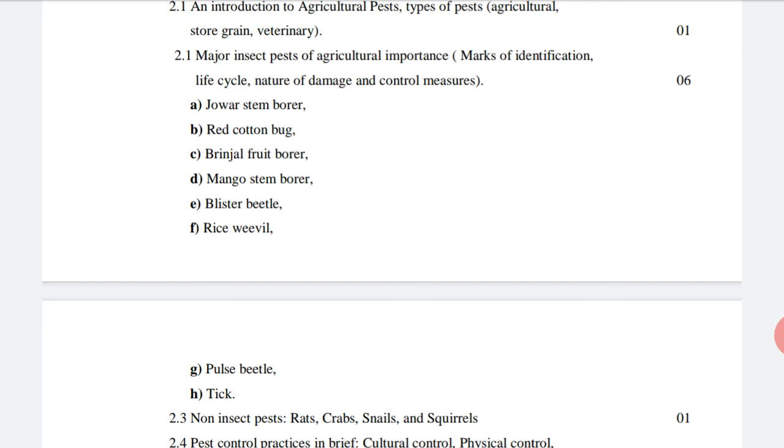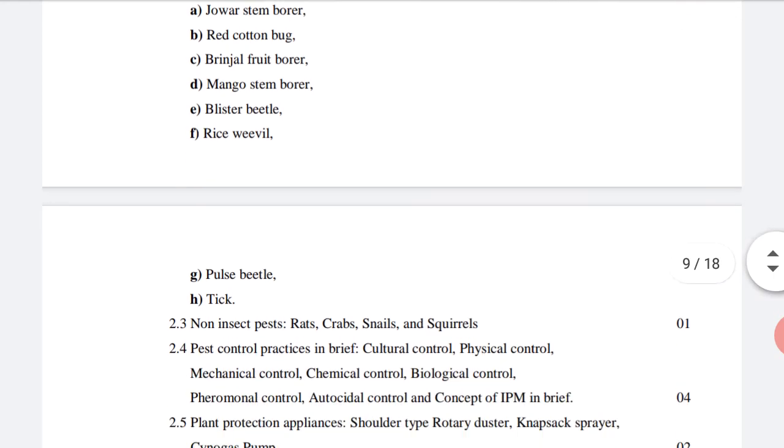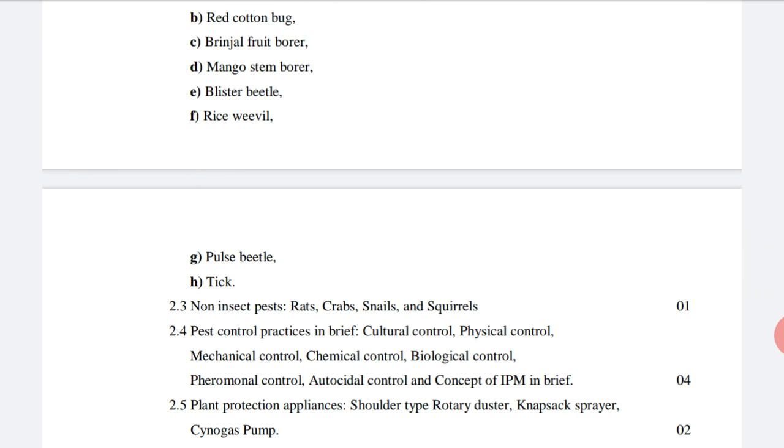We give 8 insect pests. They are jowar stem borer, red cotton bug, brinjal fruit borer, mango stem borer, blister beetle, rice weevil, pulse beetle, tick.